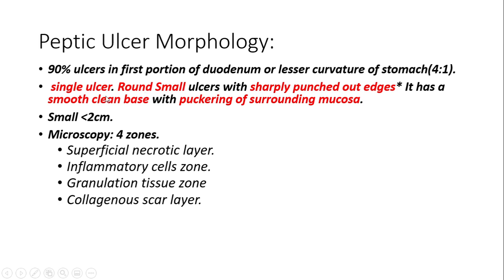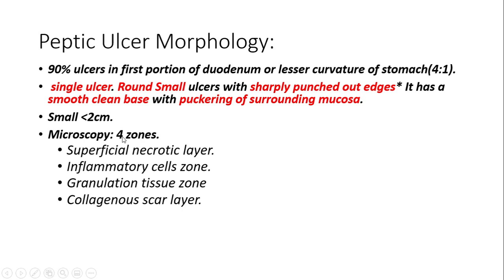It is a single, solitary, rounded, small ulcer with sharply punched out edges, that is regular, sharp, and well demarcated. It has a smooth, clean base and puckering of the surrounding mucosa. And it is small, usually less than 2 centimeters, in comparison with malignant ulcers.